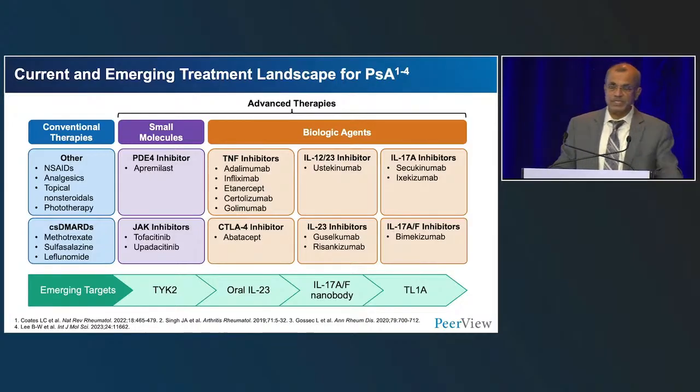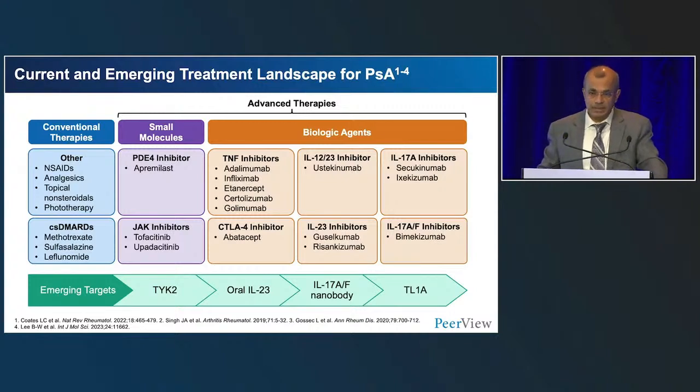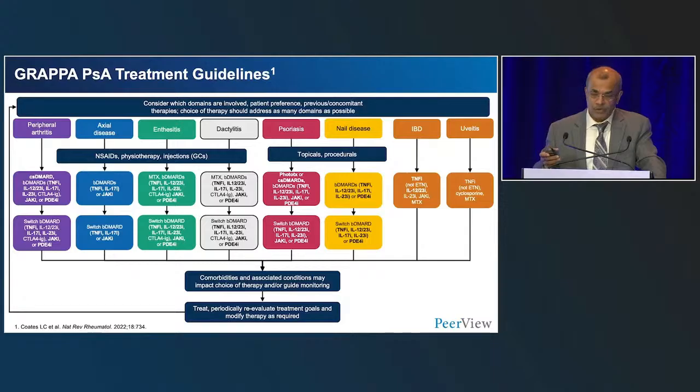The question, of course, is how do you decide which one to use when the patient is sitting in front of you already, when there are 15 different therapies? One way of doing that is, of course, to look at the treatment guidelines. This is where the treatment guidelines are important. These are the GRAPPA treatment guidelines.